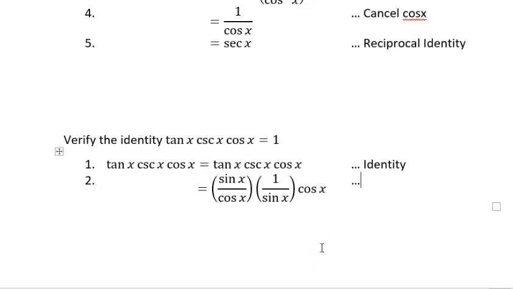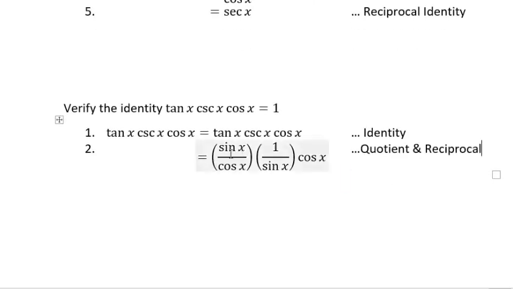And what did I do in here? I used quotient and I use a reciprocal, right? Yes. Use the quotient for tangent and a reciprocal identity for cosecant. Okay.